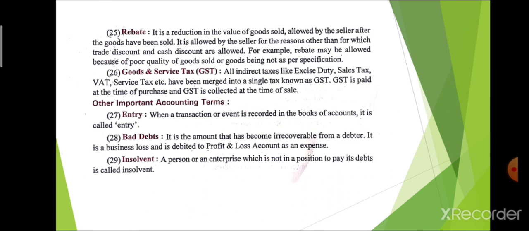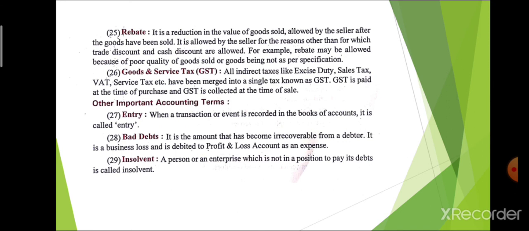That amount is considered as bad debts. For example, if we sold goods to Ram of rupees 10,000, but Ram paid only 8,000 rupees. At that time 2,000 rupees is irrecoverable. So that is bad debts.